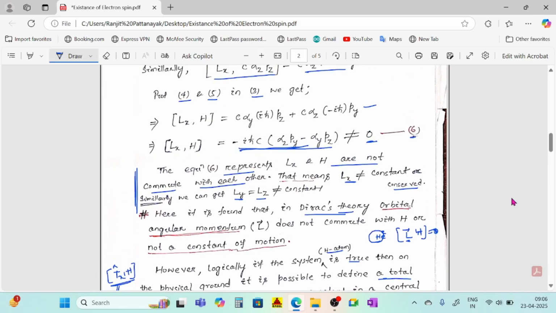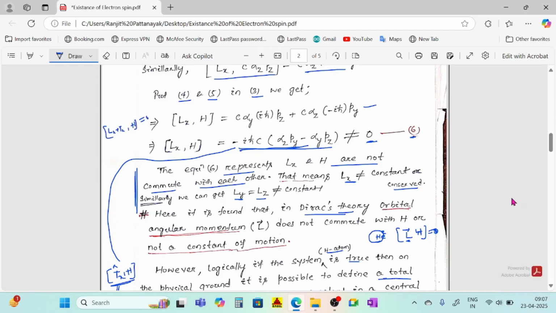Here it is negative, so this commutation value will be positive of this value. Then we can say that the commutator of Lx plus Tx with H will be equal to 0.